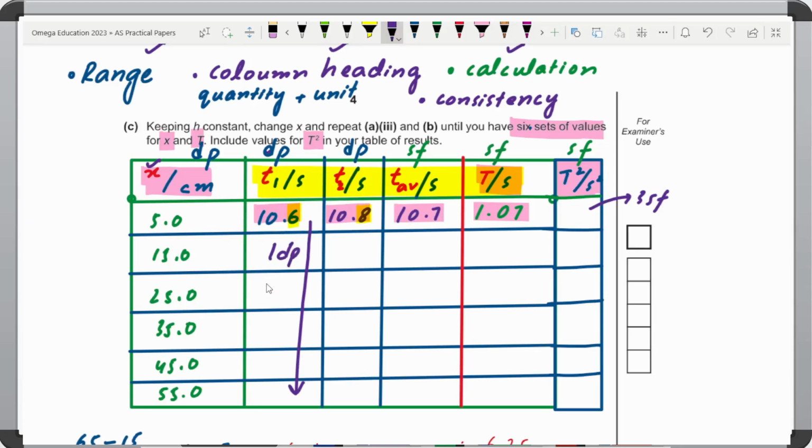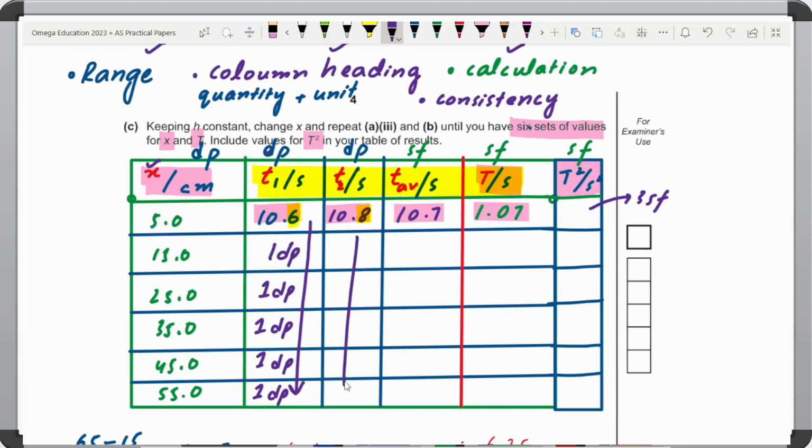Whatever the previous reading is, it has to be to one decimal place. Forget about the significant figures. Answer has to be to one decimal place.